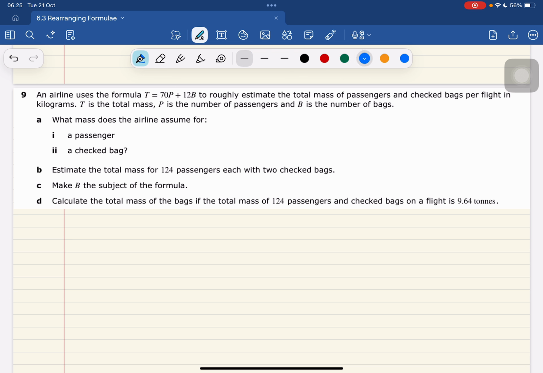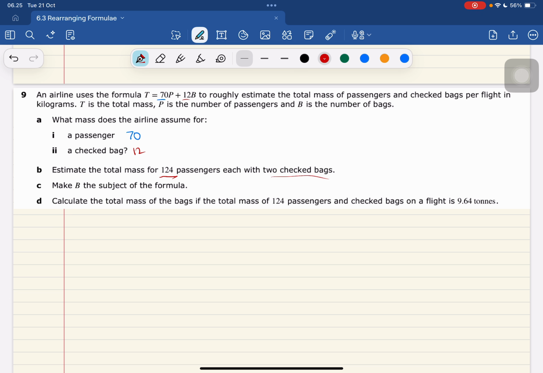Passenger is 70, checked bag is 12. Estimate the total mass of 124 passengers each with 2 checked bags.